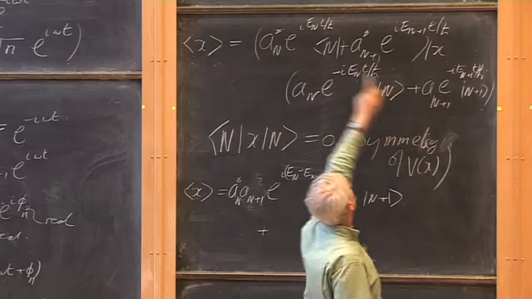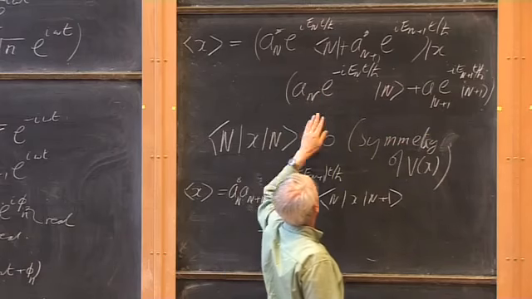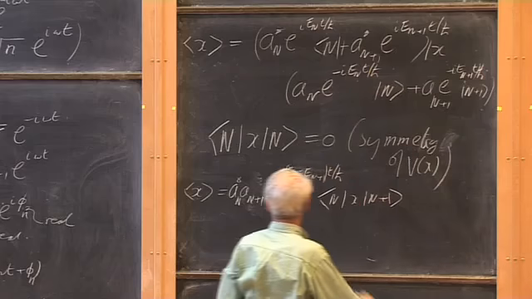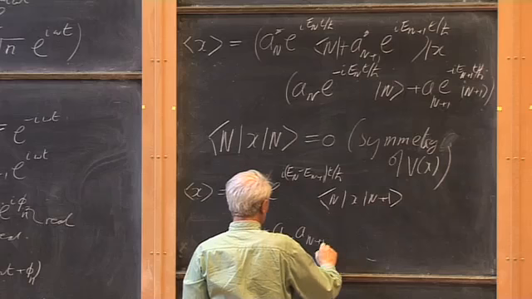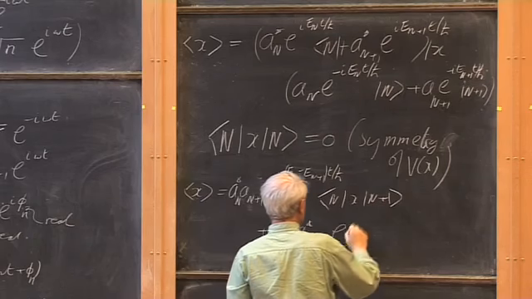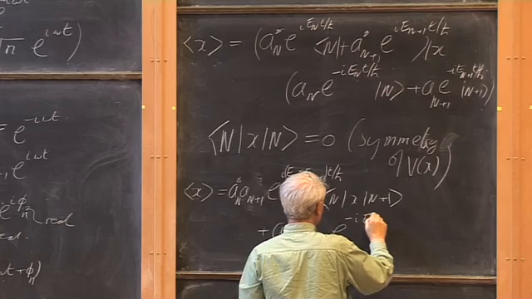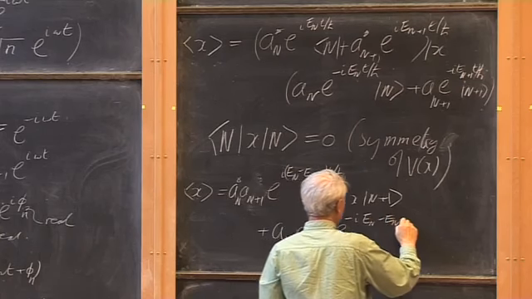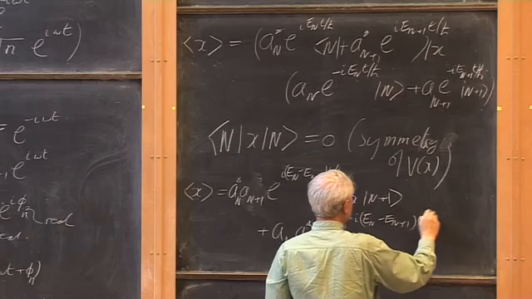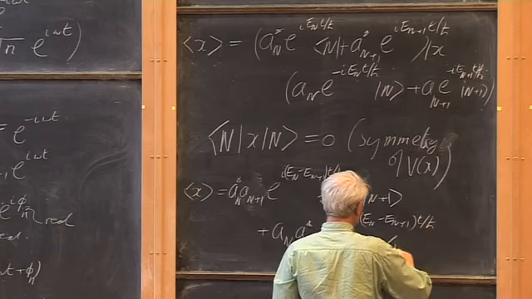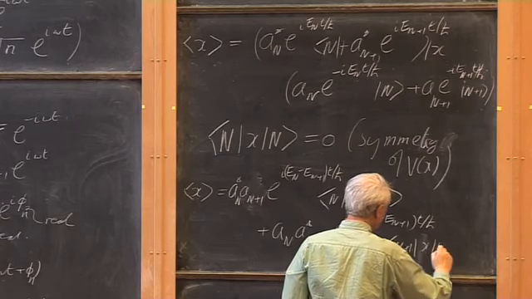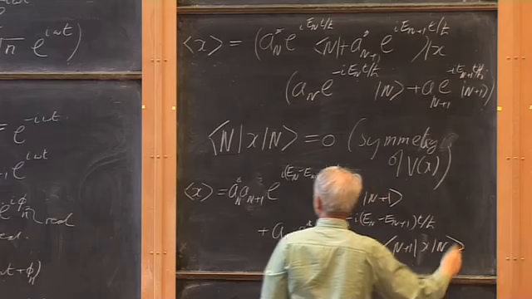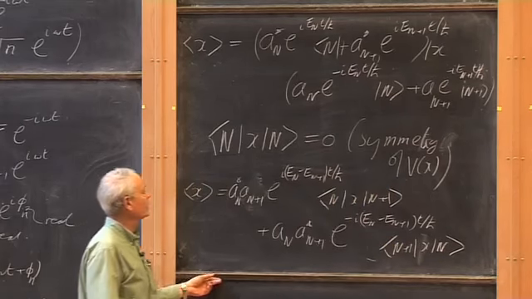So that's that on that, and then we will have this on this, a_{n+1} star e to the minus i (E_n minus E_{n+1}) t on h bar times x_{n+1,n}. Hope I've done that right.